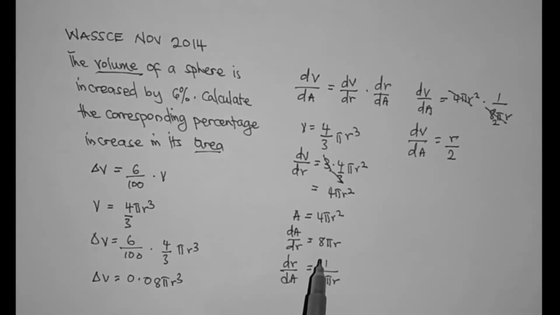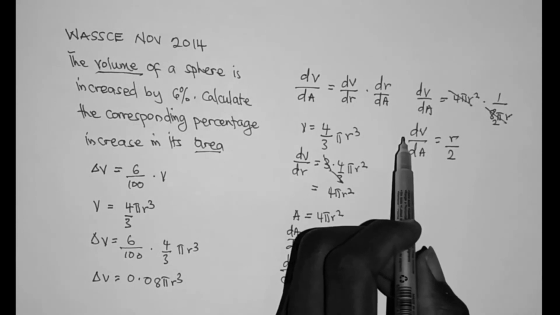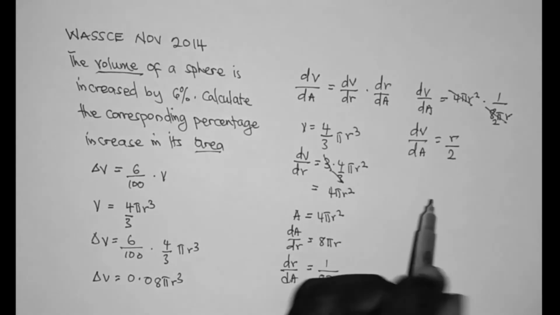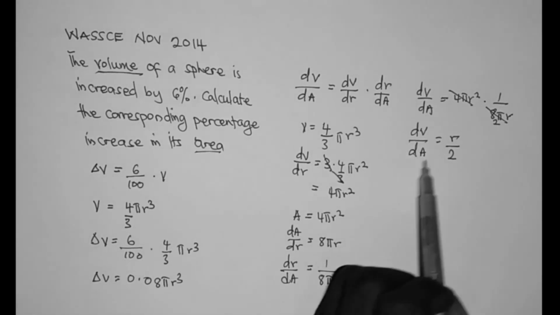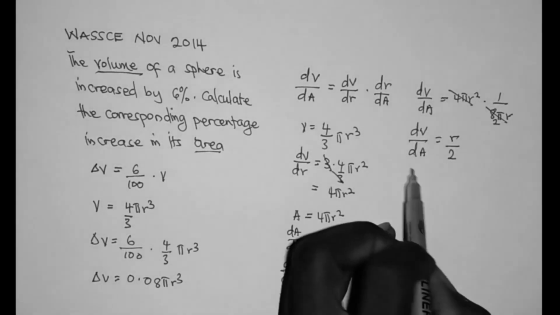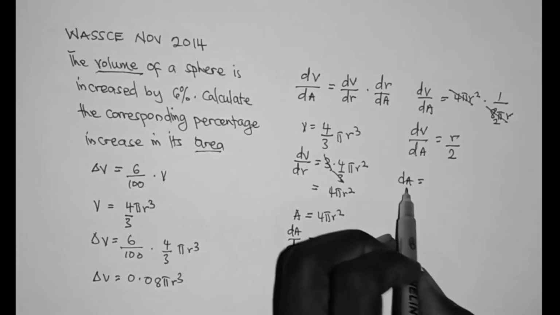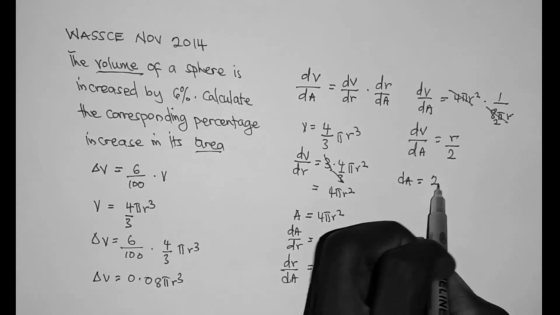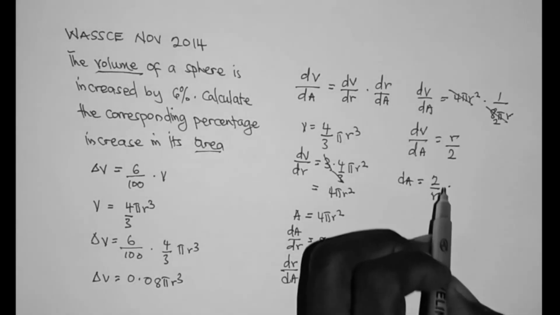So this is dV/dA. However, we know that we are looking for delta A, which is the percentage increase in its area. Delta A is the increase in area. So the increase in area is equal to 2 over r times delta V.